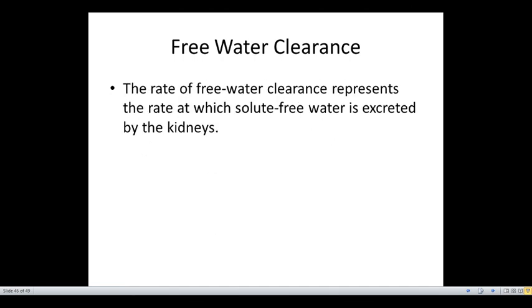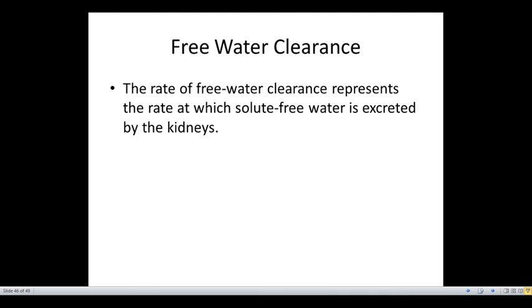The rate of free water clearance represents the rate at which solute-free water is excreted by the kidney. So this is another angle of looking at the excretion of solutes and the water.